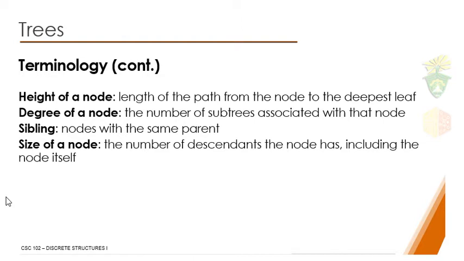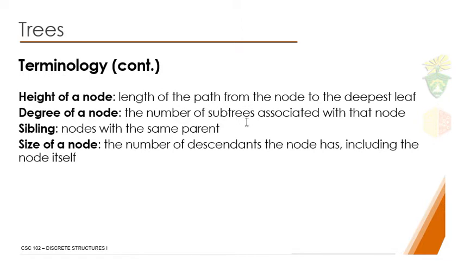Okay. So, the height of a node, height daw anang specific na node, it's the length of the path from the node to the deepest leaf. So, wala rin tayo nagsukod og katong ato ang height. So, gikan sa ubos. Length of the path from the node to the deepest leaf. Pinakaubos. So, degree is the number of subtrees associated with that node.